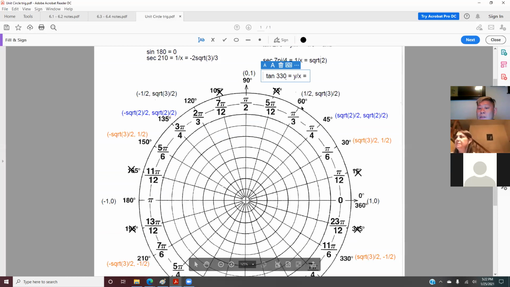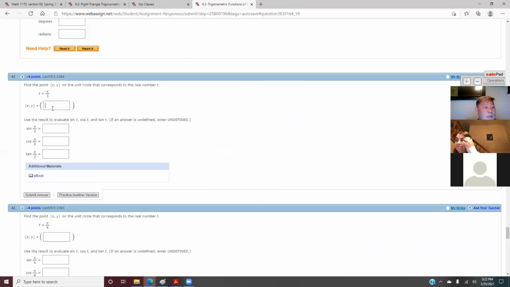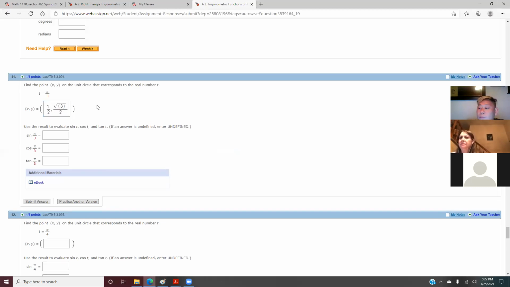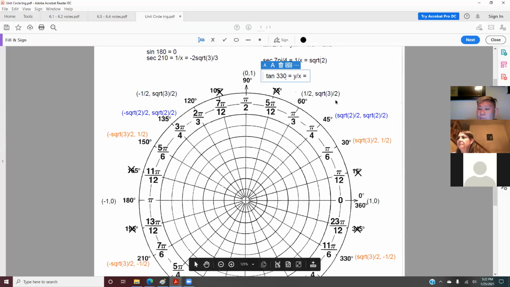What are the coordinates of pi over 3? They are 1/2 comma square root of 3 over 2.